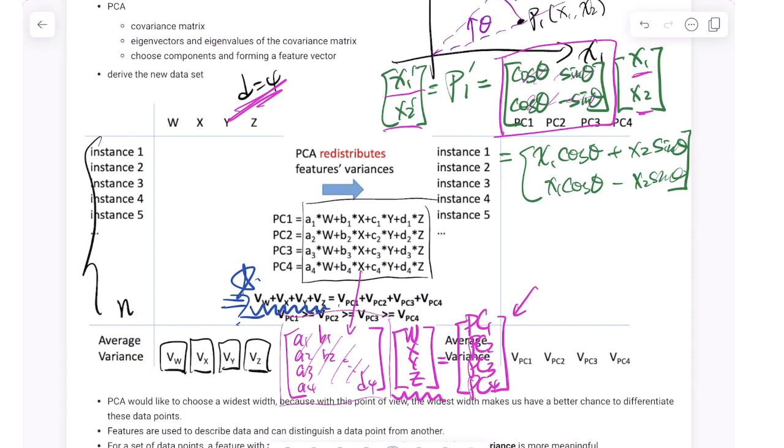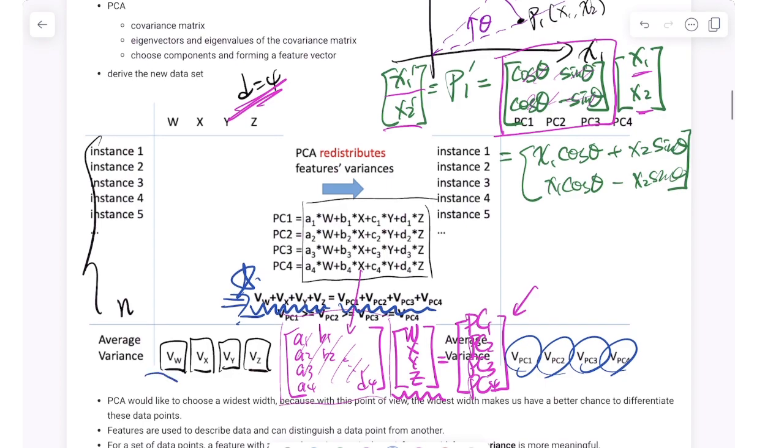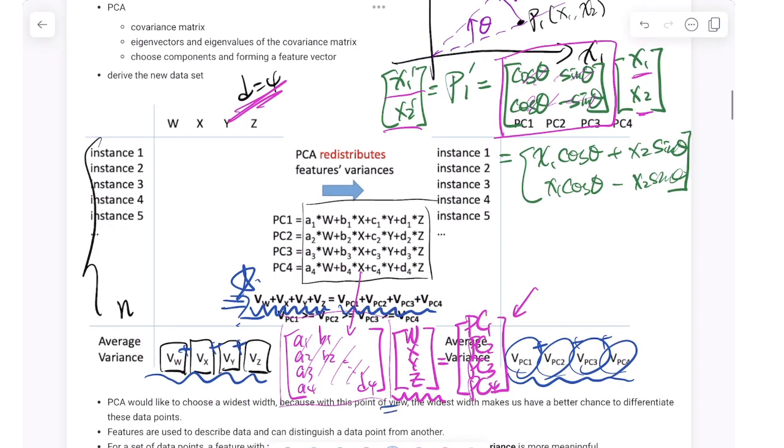Mathematics tells us that the sum of the variance before rotation and after rotation should be the same, because all the distances are still the same. We just redistribute the variance from the original axes, W, X, Y, Z, to the new axes, PC1 to PC4.